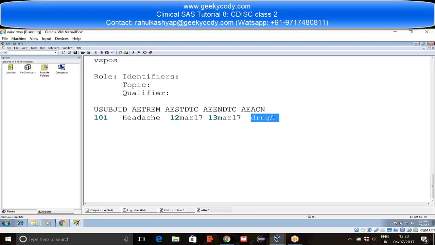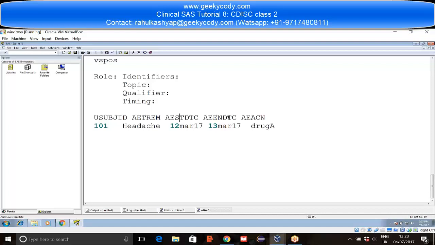Action taken: for what have they taken this drug? For headache. So action taken is a qualifier, which tells about the topic variable. Qualifiers always tell about the topic variable. And the next one is timing variable. Timing variables are nothing but start date, end date, start time, end time, like that. All these come under timing variable.